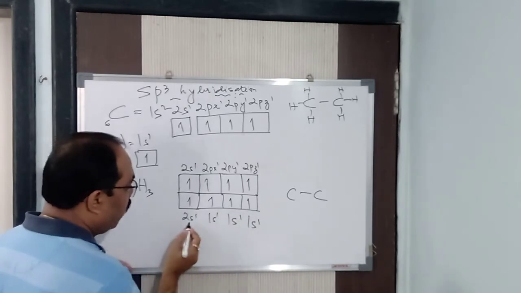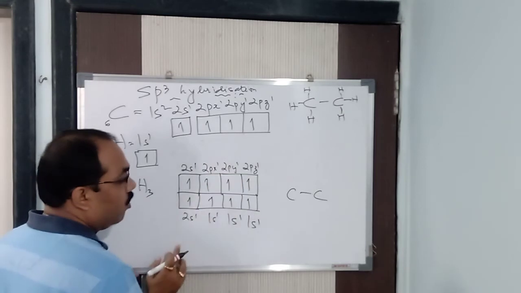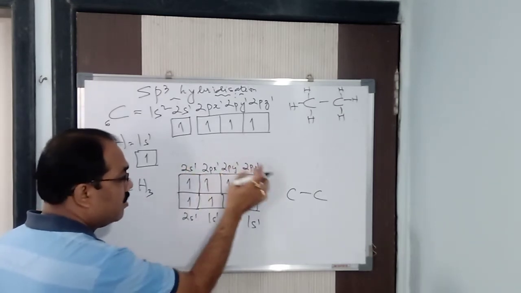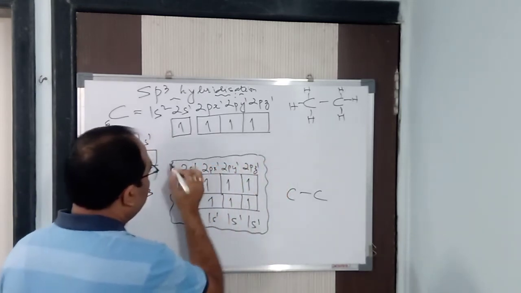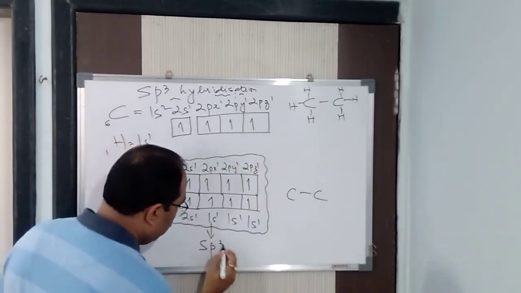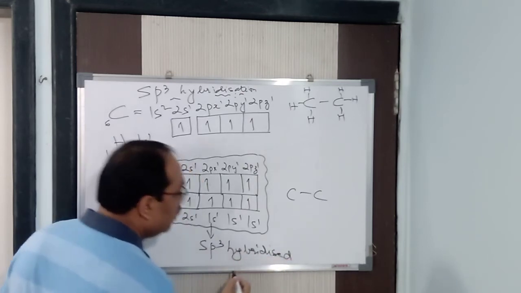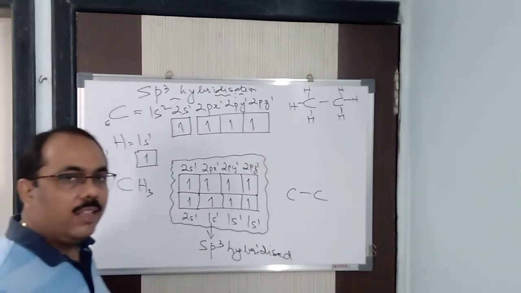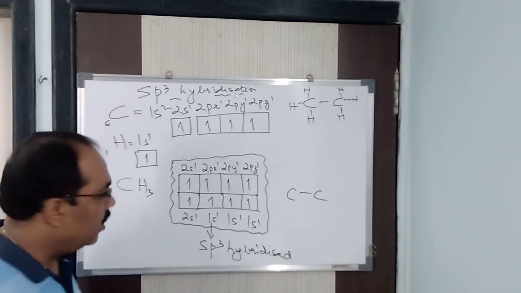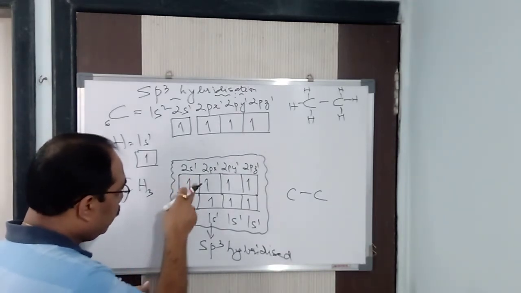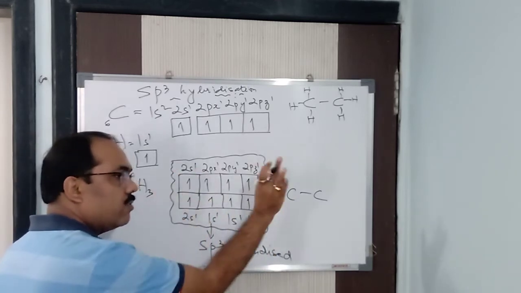Now here what you find: in the case of the carbon atom, 1s and 3p orbitals participate in hybridization. 1s and 3p, so it is sp3 hybridized. You can find it with the help of a formula, and manually also. As I said, 2s1 of one carbon atom combines with 2s1 of another carbon atom. First this bond, done, 2s1 over.